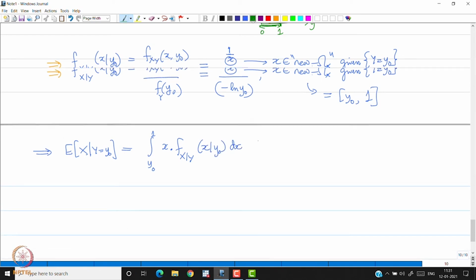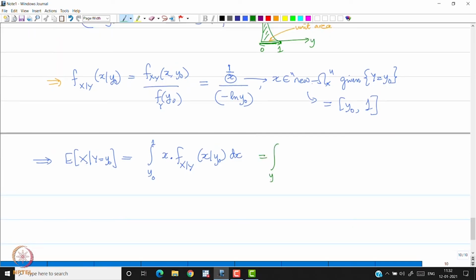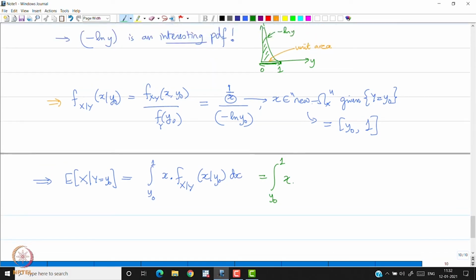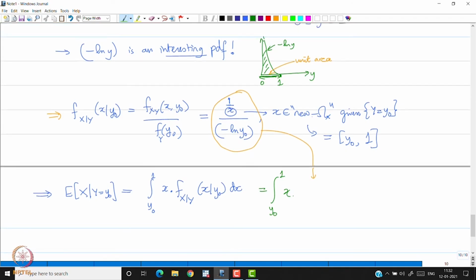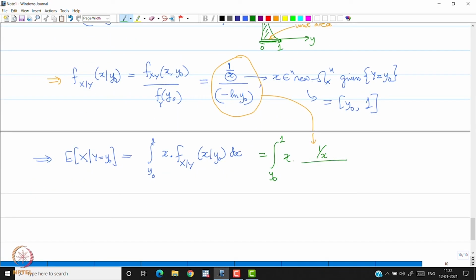That equals the integral from y naught to 1 of x into this thing from the top, which becomes 1 by x divided by minus ln y naught dx. And as we said in the blackboard lecture, the x cancels, and this is 1 minus y naught divided by minus ln y naught.